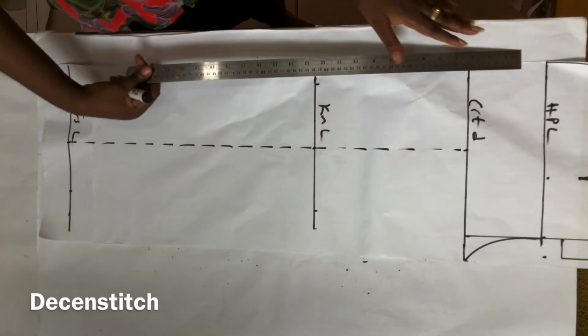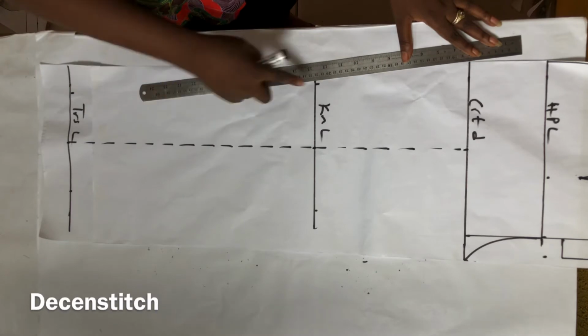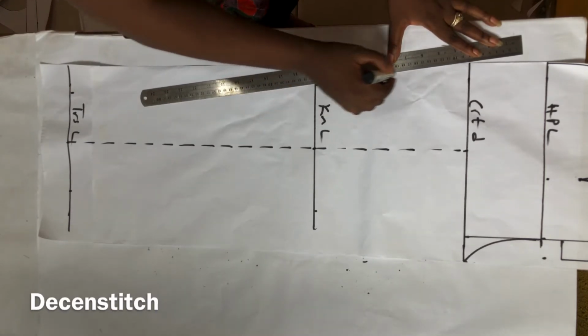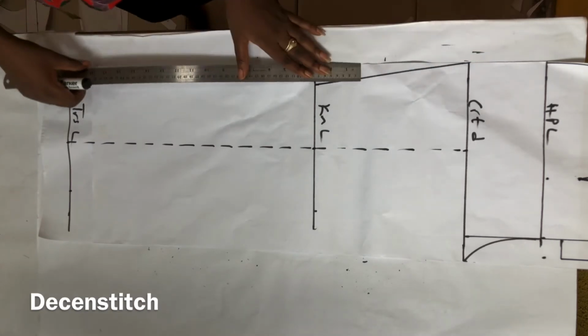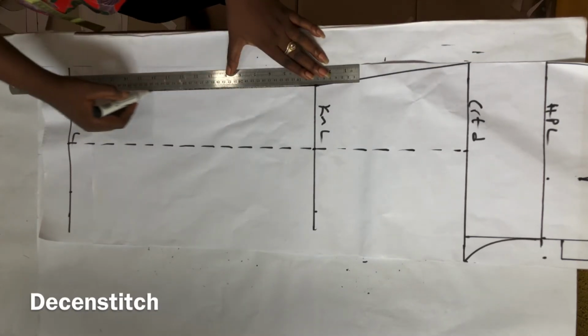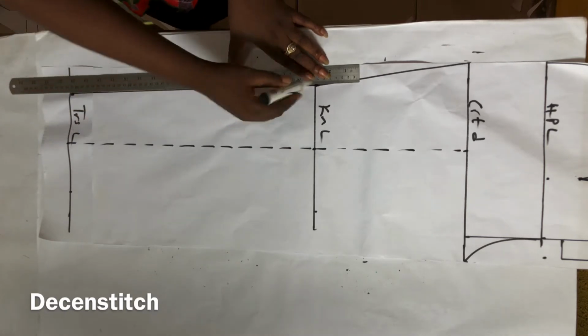I'm going to use my ruler to connect the crotch depth line to the knee length and also to the trouser length. I'll do the same on the other side.